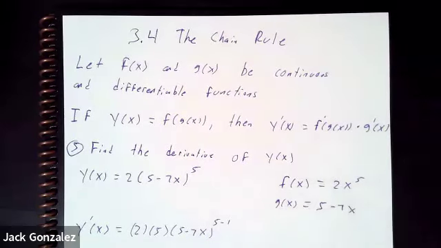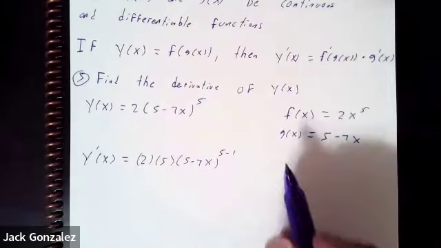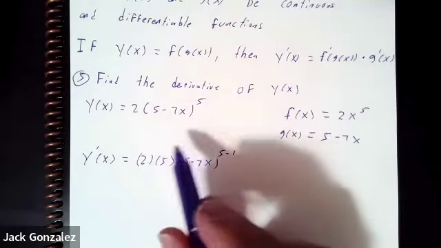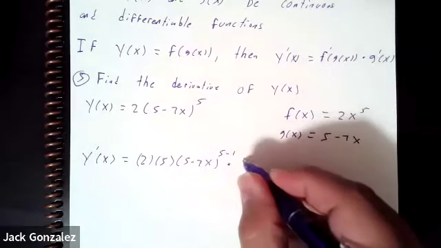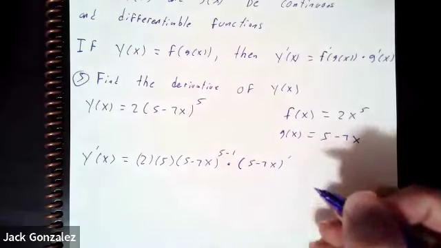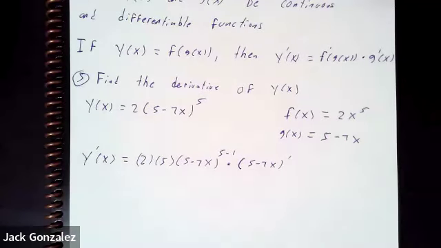So here is the derivative of the outside: 5 minus 1, bring down the 5, that's a power rule, times the derivative of the inner function. We'll do the derivative of the inner part on the next step.